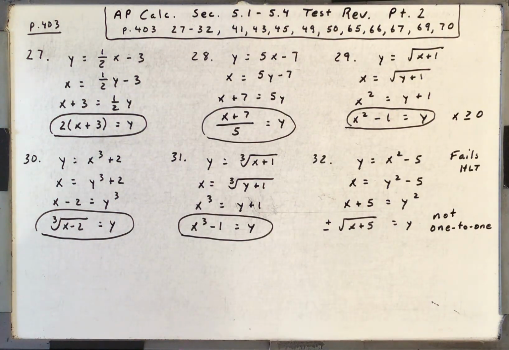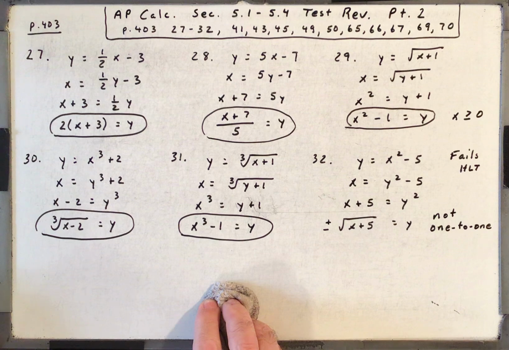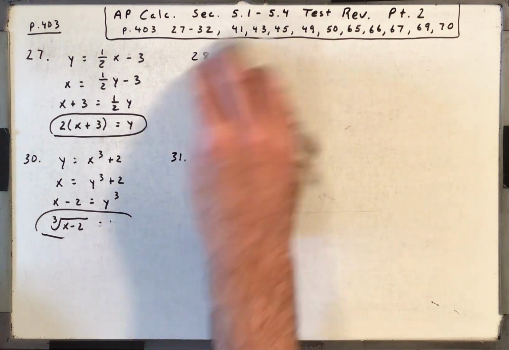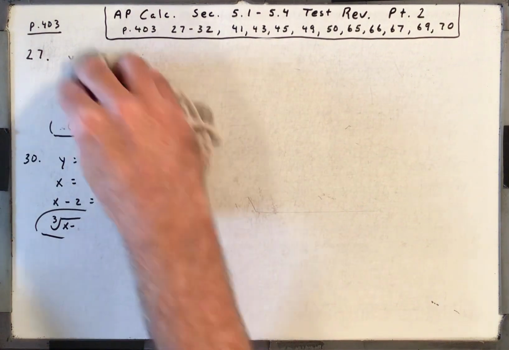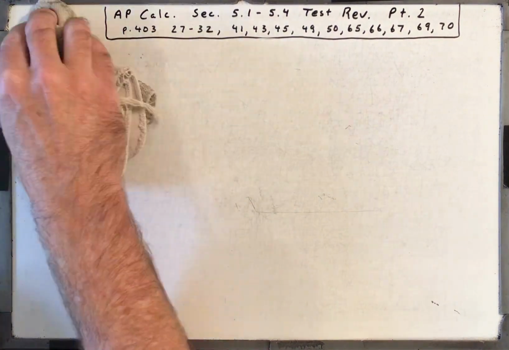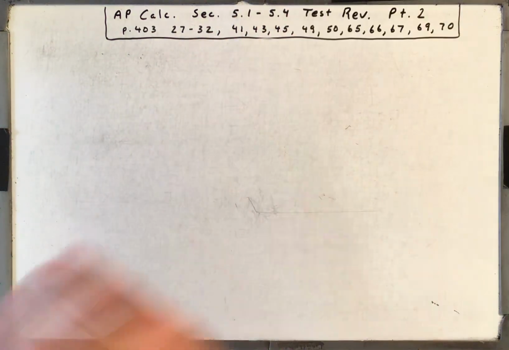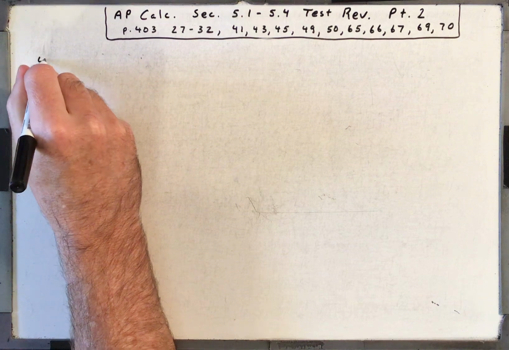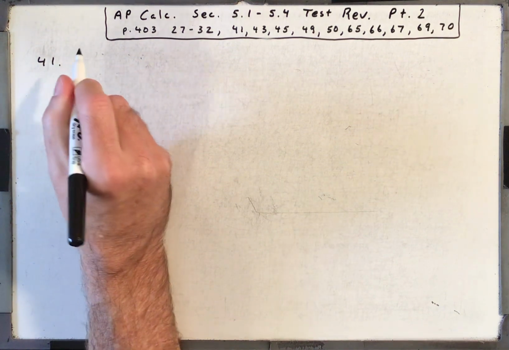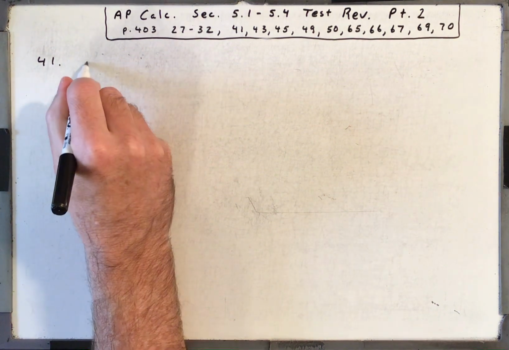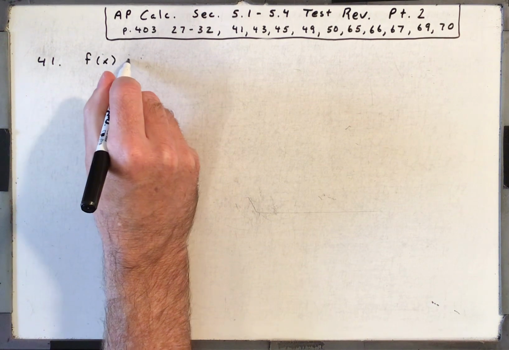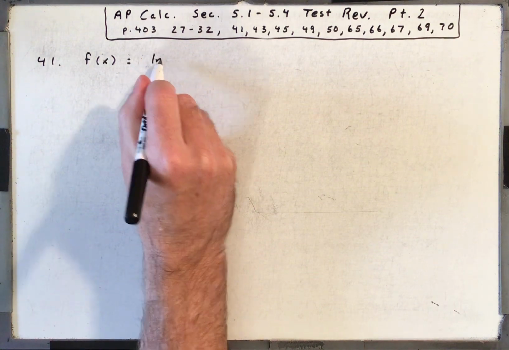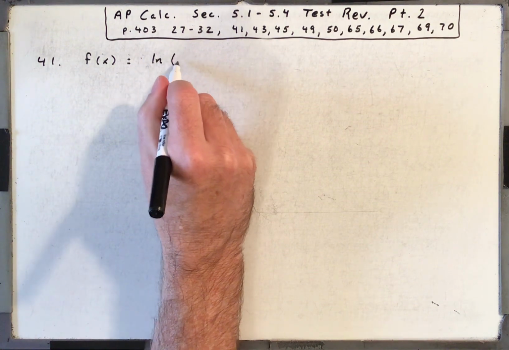All right, that does it for the first 6 problems. Now let's move on to number 41. So we're going to take these next several problems. We're taking the derivatives. So 41, we have f of x is equal to the natural log of e to the minus x squared.